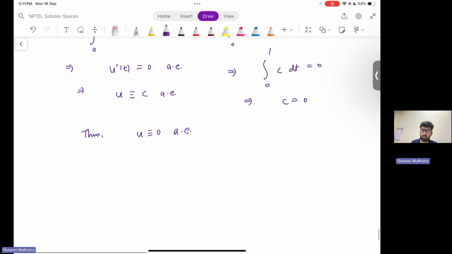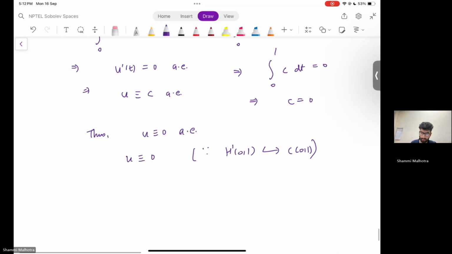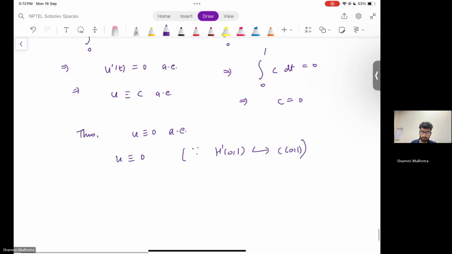But since u has a continuous representative, we can take u equal to 0 everywhere. u is identical to 0, since H1 of 0, 1 is again embedded in continuous functions. So we have this thing.